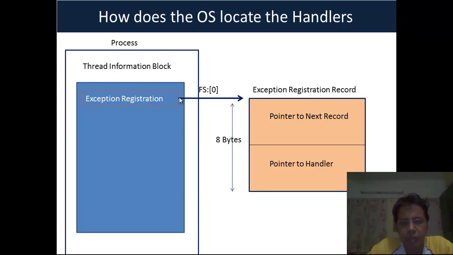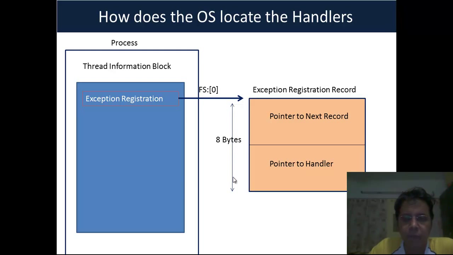So this is a pointer pointing to this list, and every element of this list contains two variables. The first is the pointer to the next record. We'll come to what this means in a bit. And then the pointer to the handler, which is the exception handler.